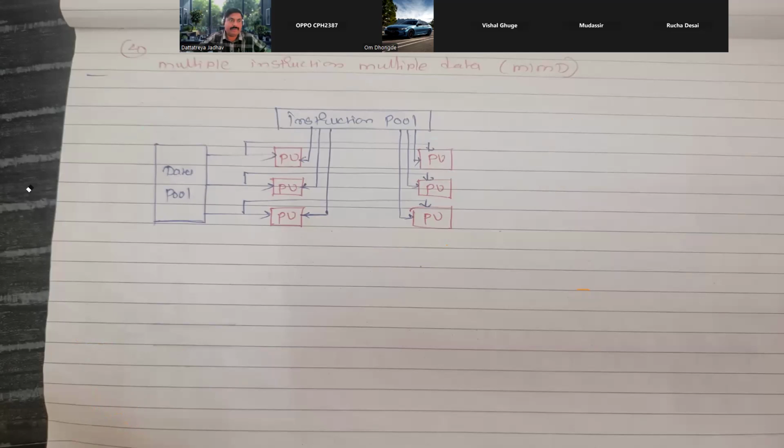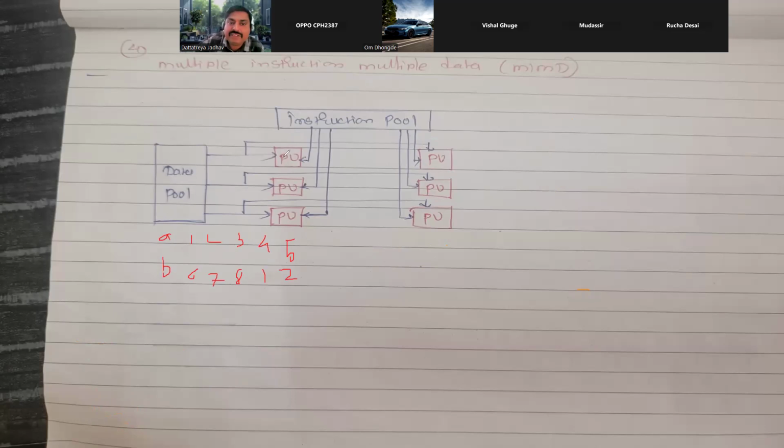Oh no, it is clear, right? Suppose it has multiple data. A and B have multiple data, like 1, 2, 3, 4, 5, 6. Here also 6, 7, 8, then 1, 2. So it has multiple data, but it contains the multiple.